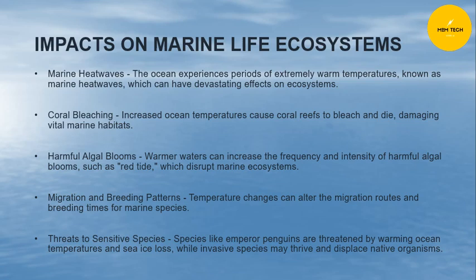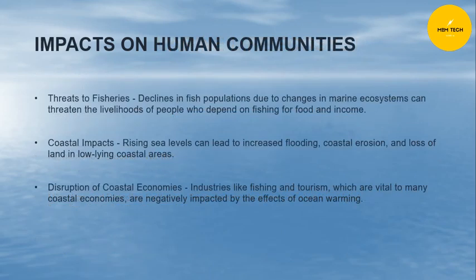And we have the example there for penguins, and we know other species are always heavily affected by this kind of change in the oceans. And lastly, we see the impact for human communities. We see fisheries, and people who depend on fishing for a living are already being affected.